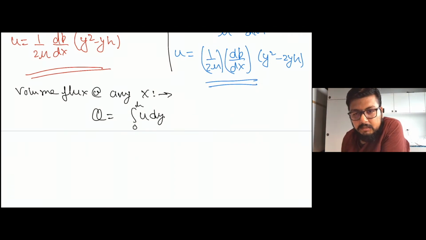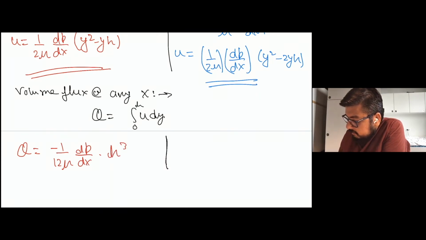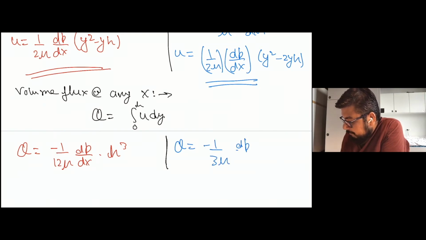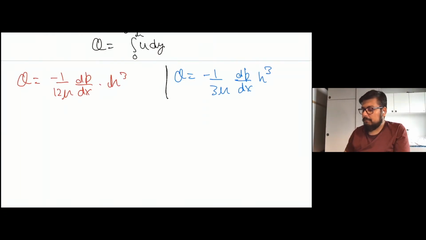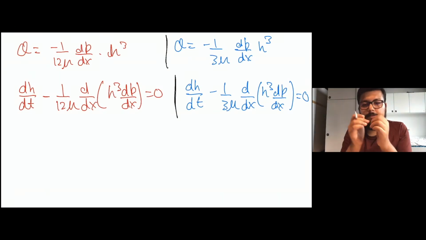On solving the integral for the first case, we get Q is equal to minus 1 by 12 mu dp/dx times h cubed. And for the second case, we get Q is equal to minus 1 by 3 mu dp/dx into h cubed. And then we plug these equations back into the continuity equation.